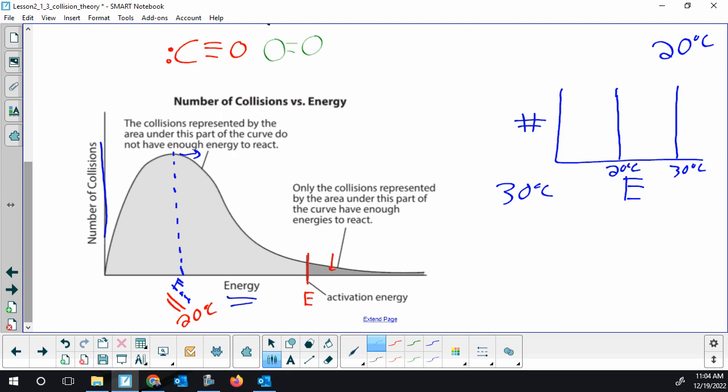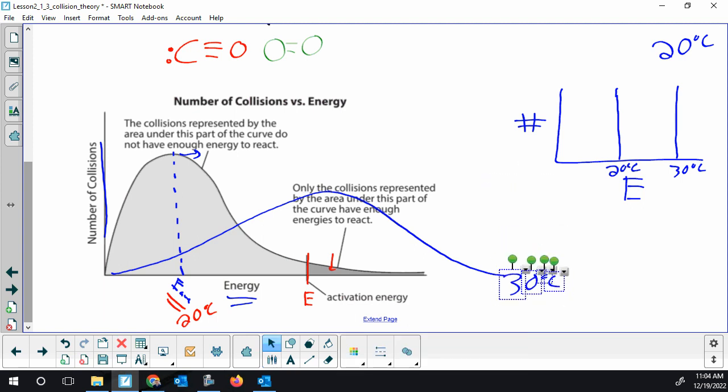So now our distribution might look like that, where the average has shifted much warmer. Now we have many more molecules that have enough energy to cause reactive collisions. I'll make my red line a little taller.